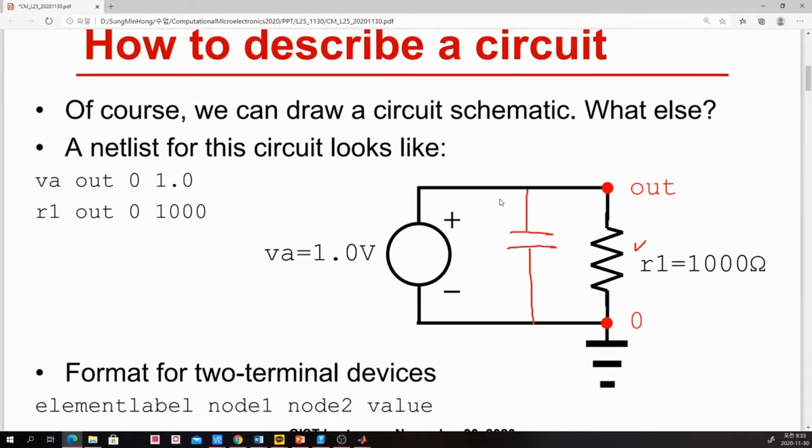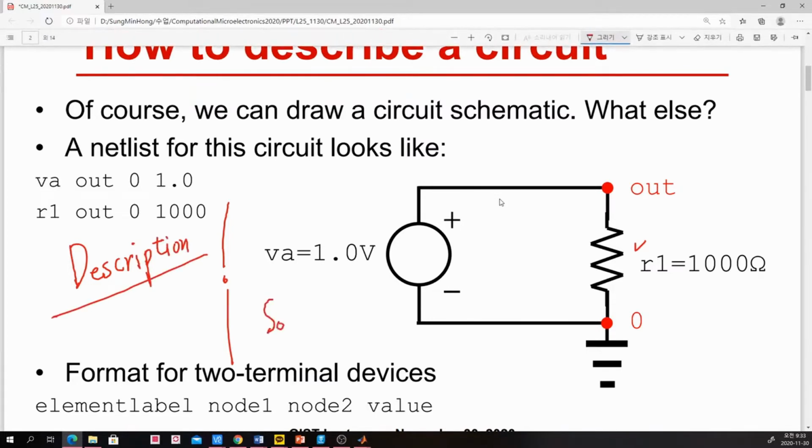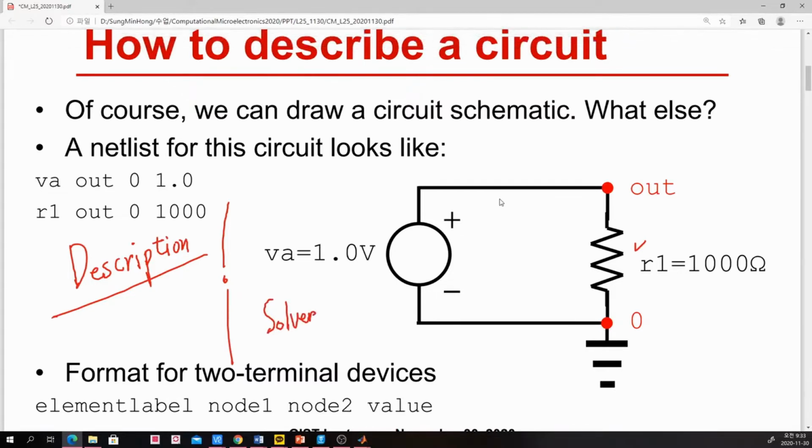That's the reason why we have to separate the description of our circuit and the solver. So the user should not change the code.